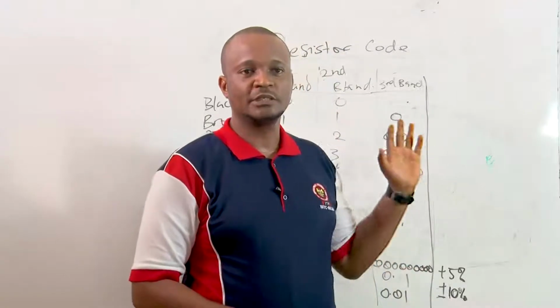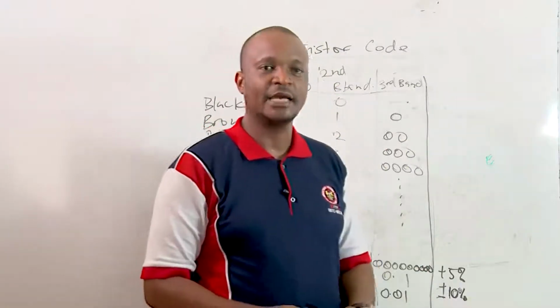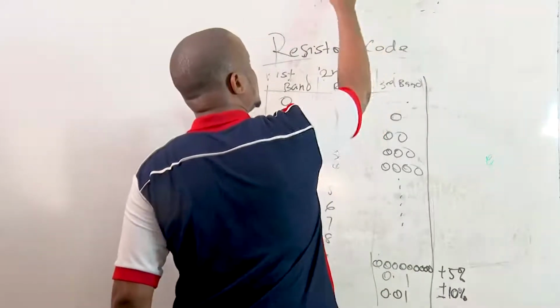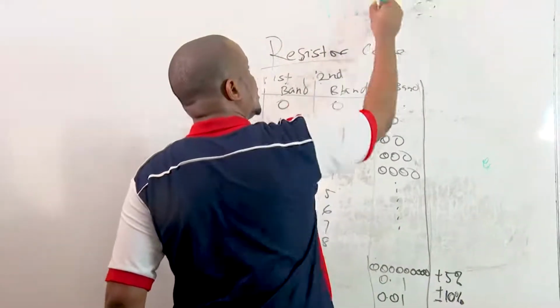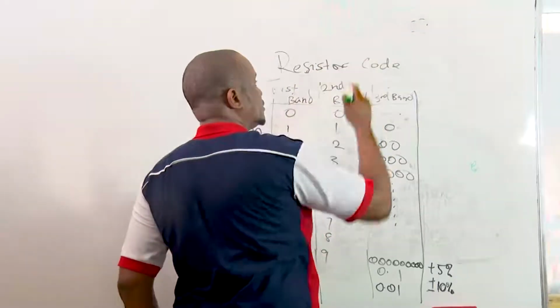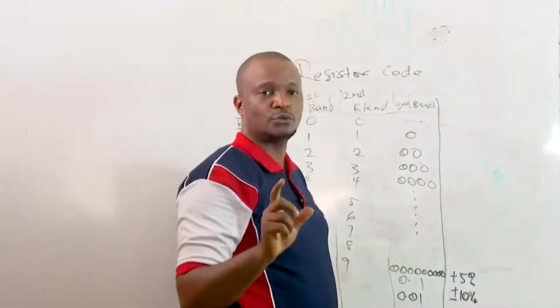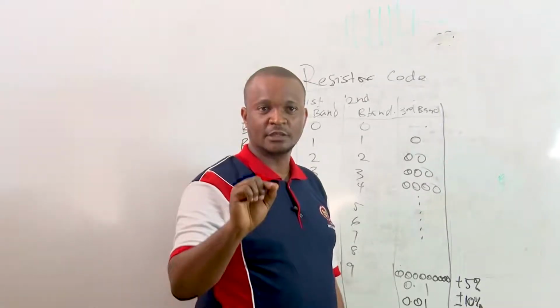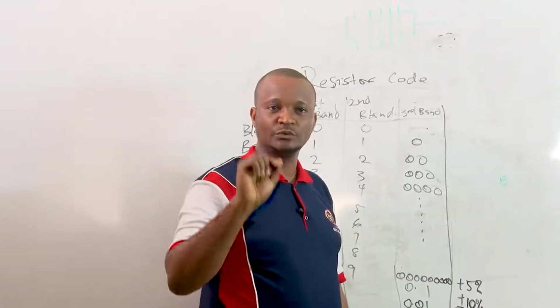The resistor we are going to be reading next is the 5-band resistor. Like I said, the difference is that it has 5 bands, so the reading pattern is just the same. Each time you pick up a resistor, the first thing to do is look at the number of bands, which tells you how to read it.